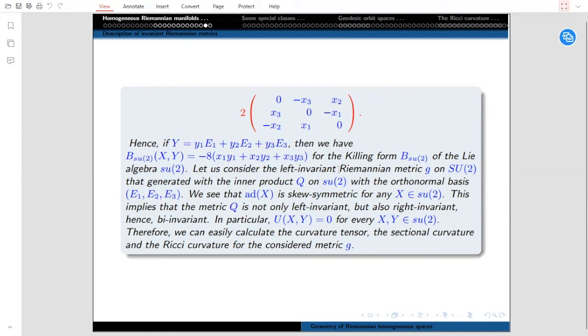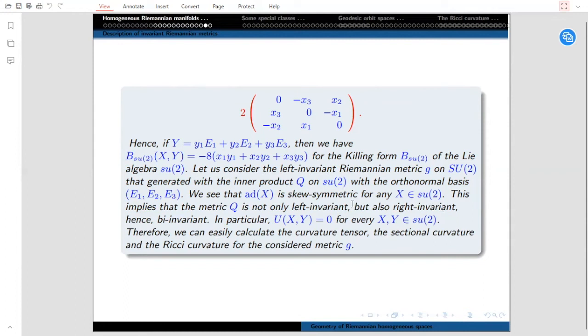Let's consider the left invariant Riemannian metric on the group SU(2) generated by the inner product Q on su(2) with this orthonormal basis e1, e2, e3. We see that ad x is Q skew-symmetric, as we saw earlier. This implies the metric Q is not only left invariant, but also right invariant.